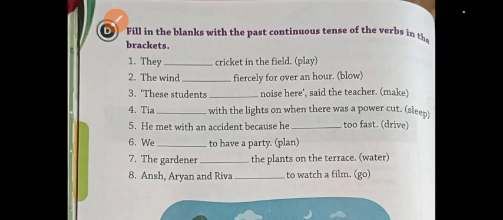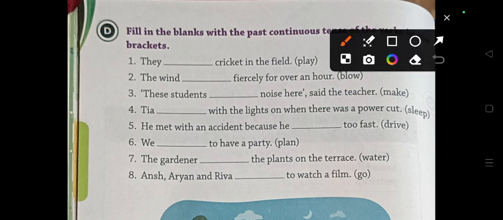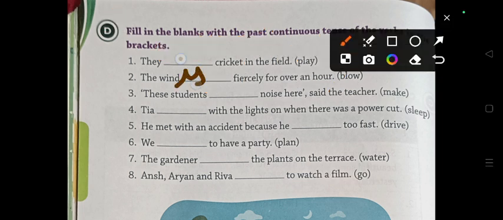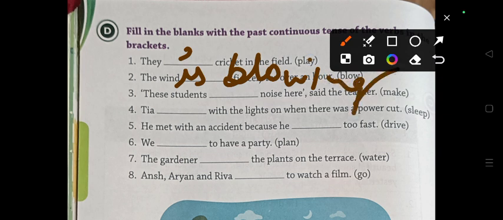Next is fill in the blank with the past continuous tense of the verbs in the brackets. For example, they were playing cricket in the field. The wind is blowing fiercely for over an hour.